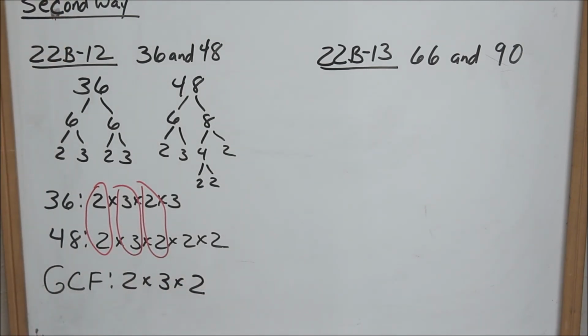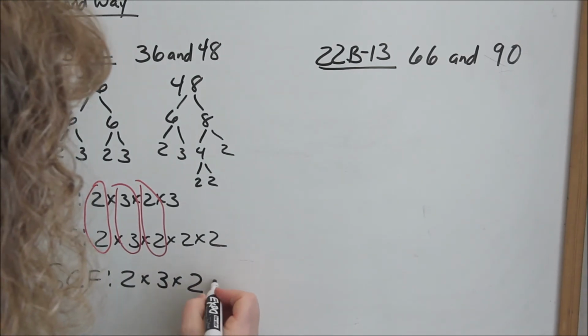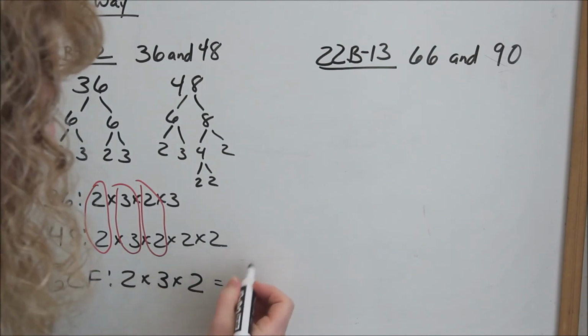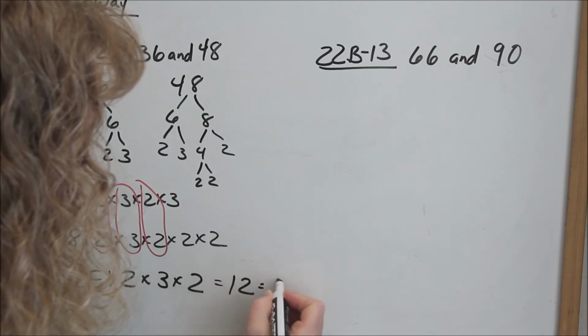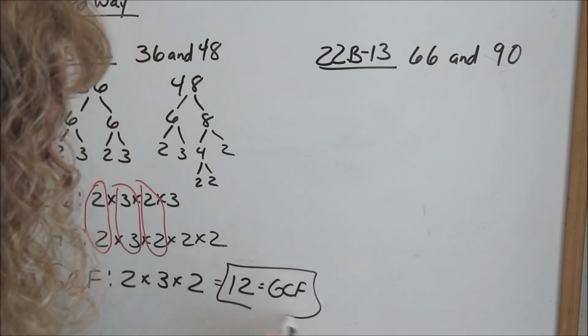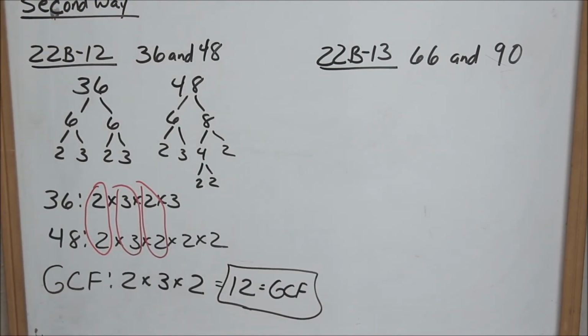You only take what they have in common one time, then multiply those numbers together. 2 times 3 is 6, 6 times 2, 12. So your greatest common factor for 36 and 48 is 12. In other words, if I could reduce both of those numbers, the largest number I could reduce by is 12 if it was a fraction.